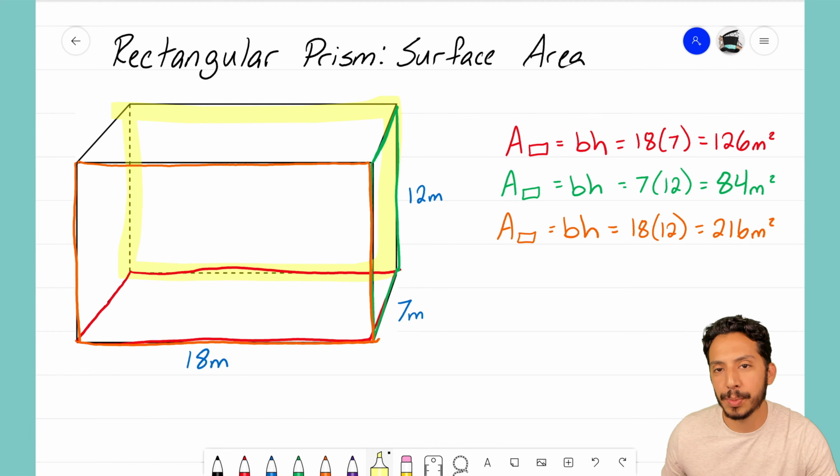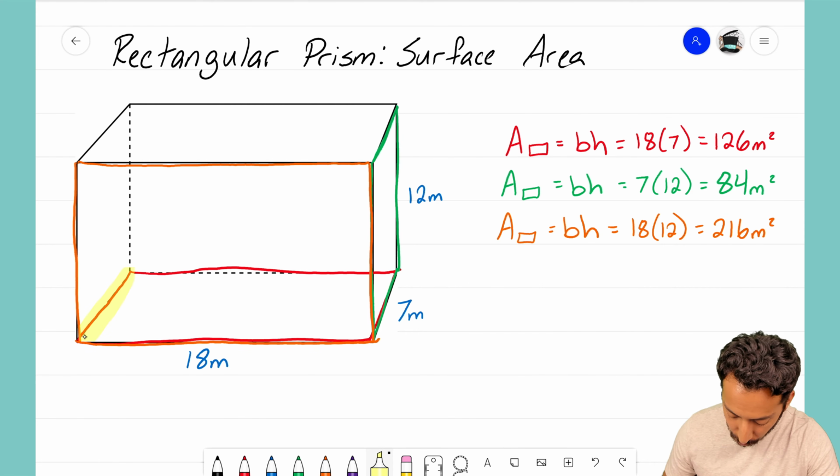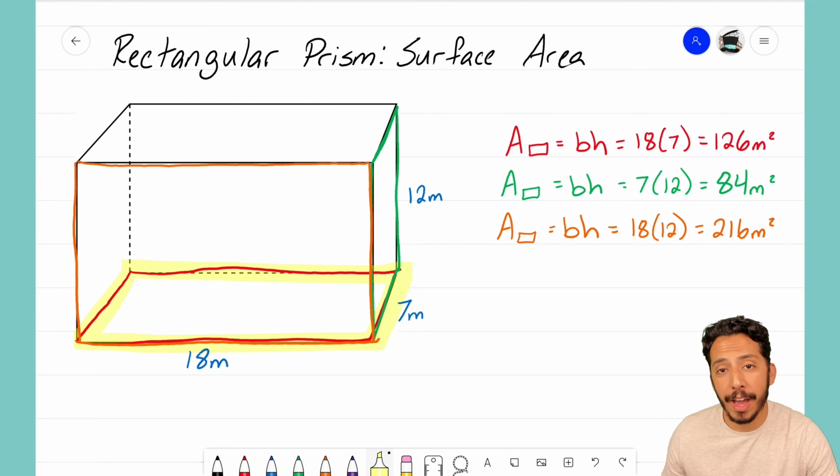But what's really nice with the rectangular prism is that it has a lot of symmetry involved. What I mean by that is, look at the base rectangle here, the red rectangle. We found that area. That area was 126 square meters. Well, that base rectangle shows up in another spot.